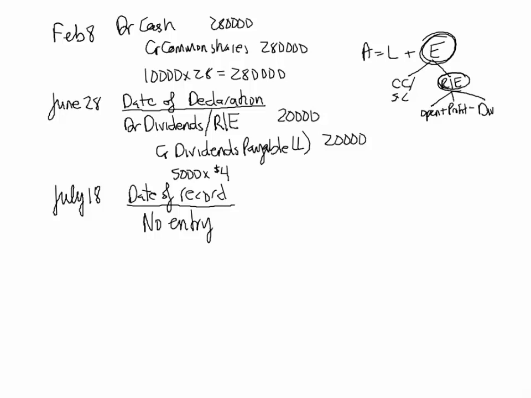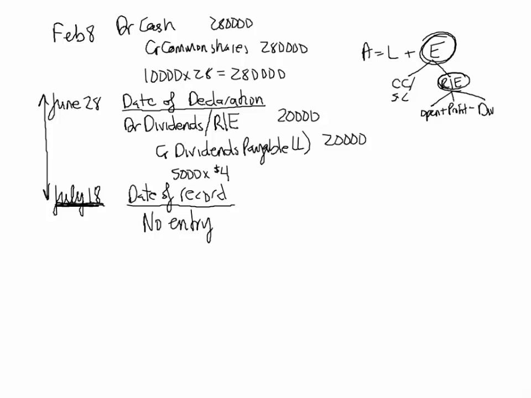Ownership of shares is connected to receiving the dividend before the date of record. But after the date of record, you no longer have to own the shares in order to get the dividend because your name was listed down on the date of record. So remember, ownership of shares counts between these two dates. But after the July 18th date, it actually doesn't matter whether you own the shares or not.